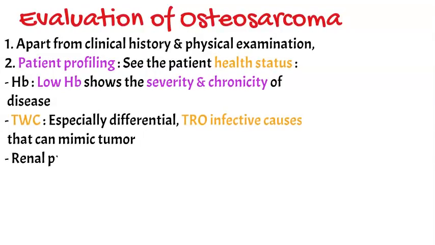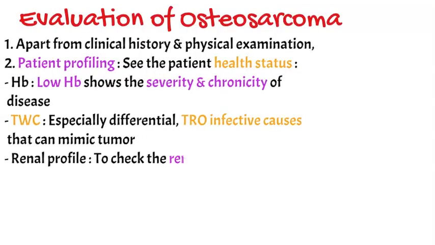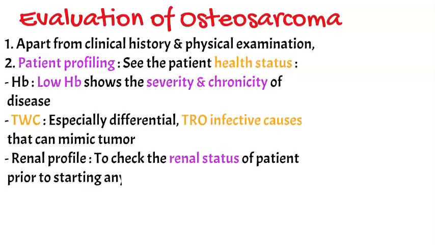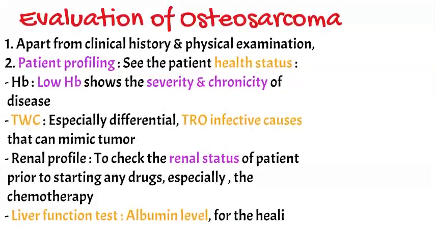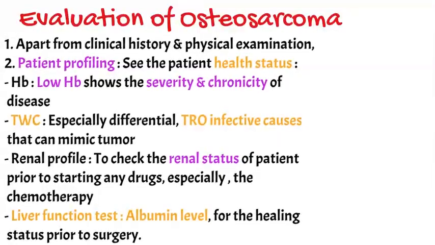Total white cell count, especially the differential count, is to look for other infective causes that can mimic tumor. Renal profile is to check the renal status of the patient prior to starting any drugs, especially the chemotherapy drugs. Liver function test, especially the albumin level, is for the healing status prior to surgery.